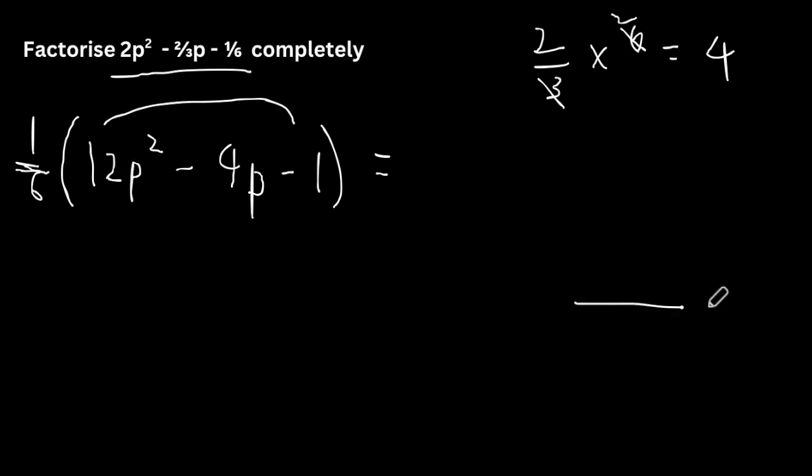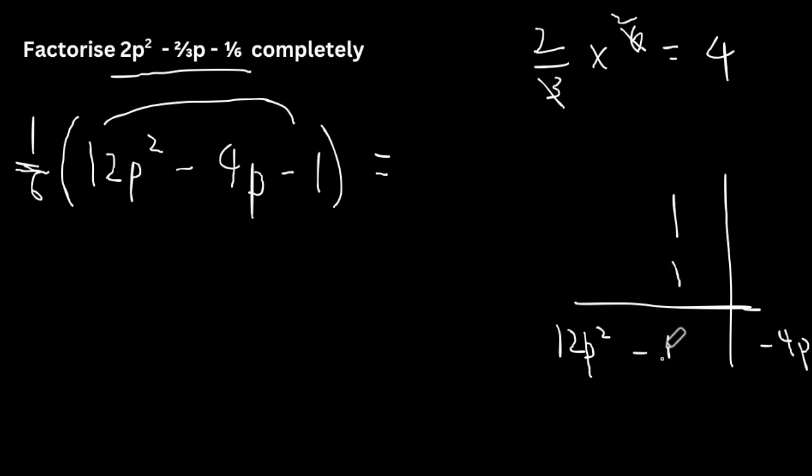It's quite simple. Let's do that calculation that we were doing earlier. So you have your 12p squared here, you have your minus 1 here, and you have your minus 4p here. So what should you, well, there's nothing else you can do other than 1 and 1. The only thing is one side has to be plus and one has to be minus.